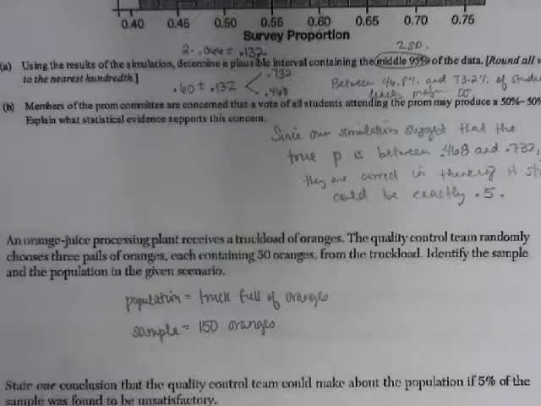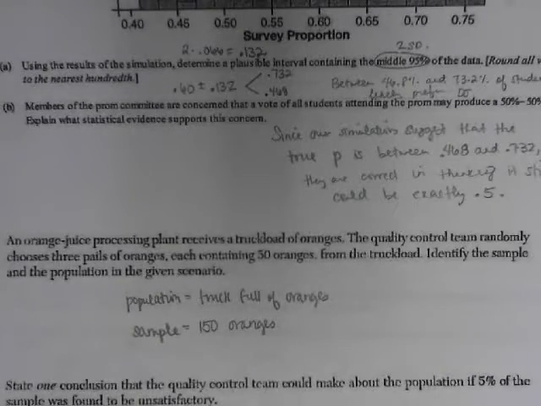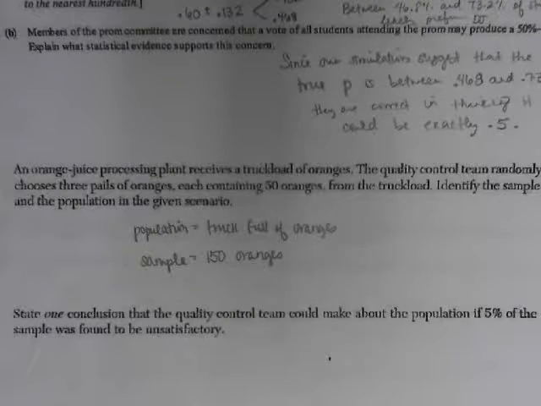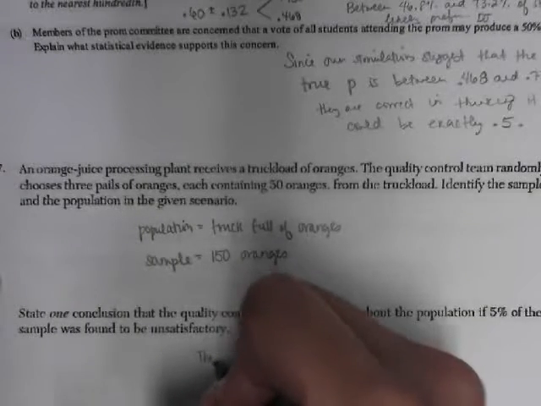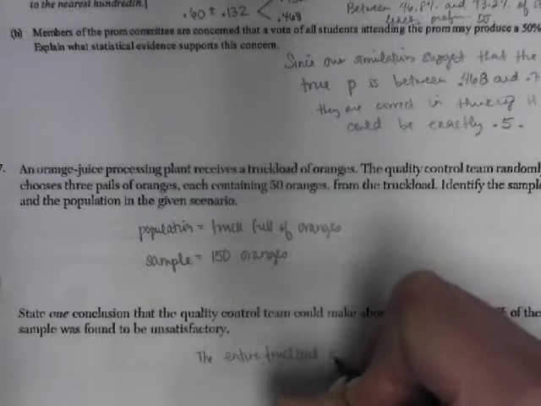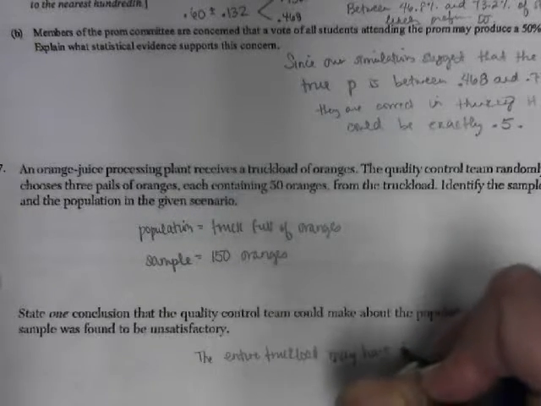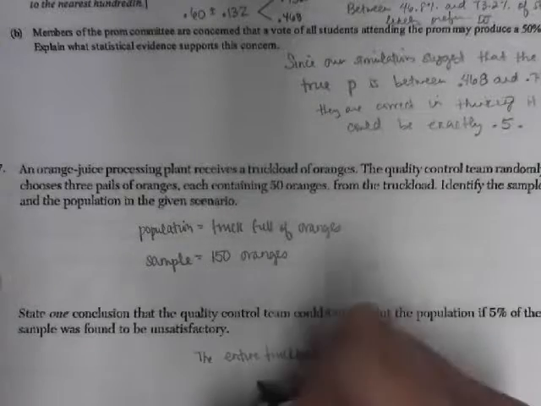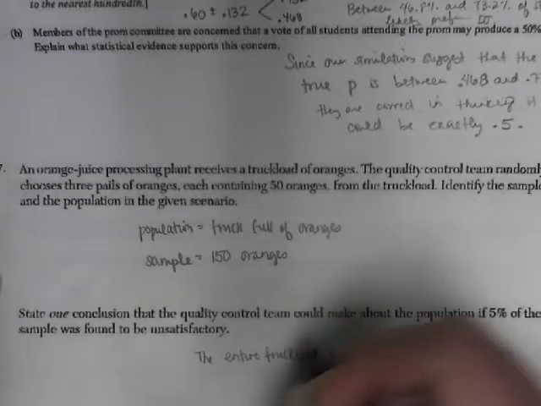State one conclusion that the quality control team could make about the population if 5% of the sample was found to be unsatisfactory. Well, if 5% of the sample was found to be unsatisfactory, they could just generalize that to the entire population, that the entire truckload may have 5% unsatisfactory oranges.